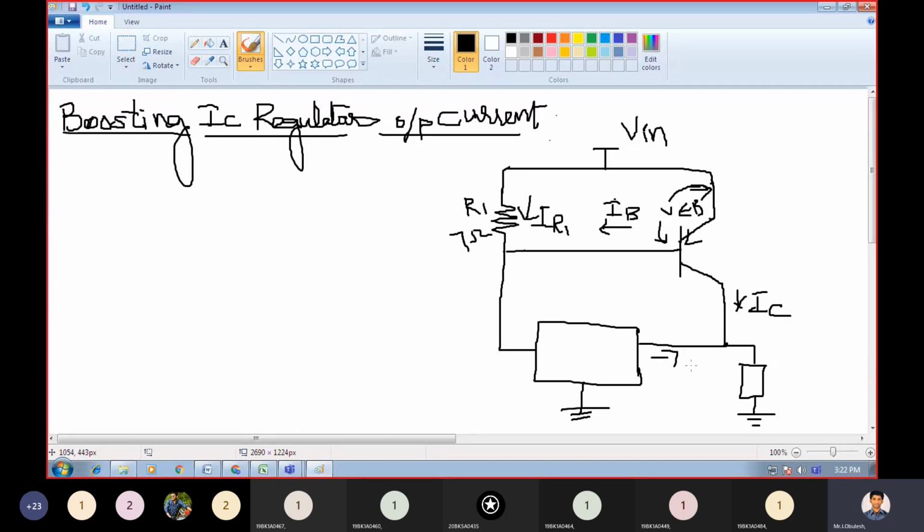Here the current I0 will be flowing. Here the current IL will be flowing. So this is the input, this is the output, and this is the ground.